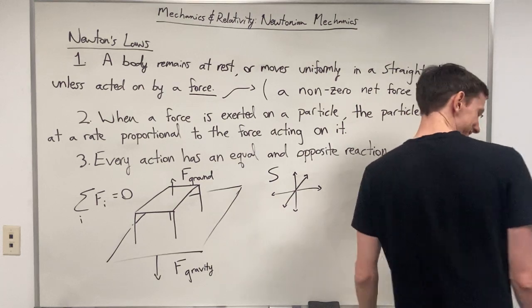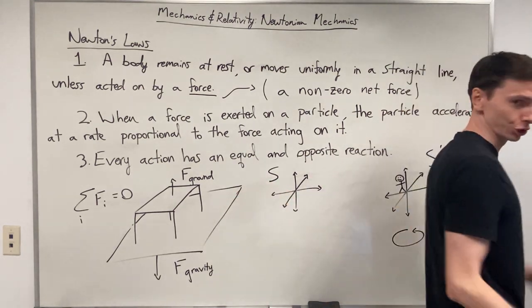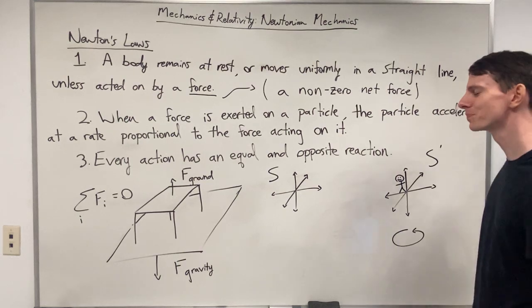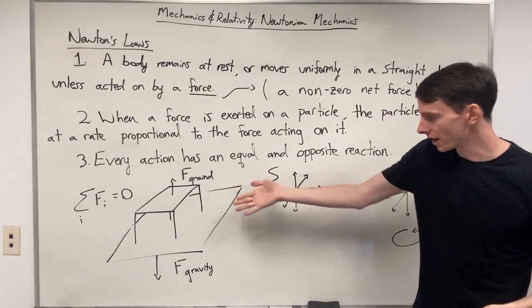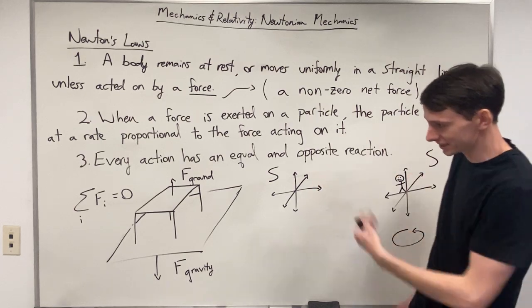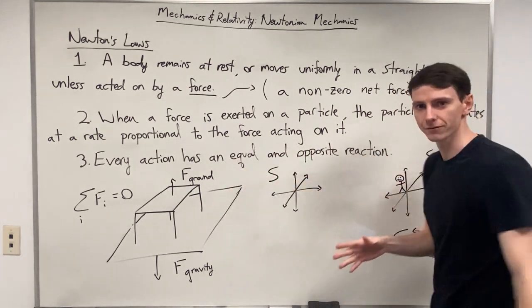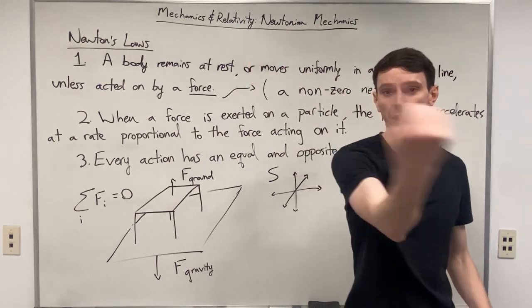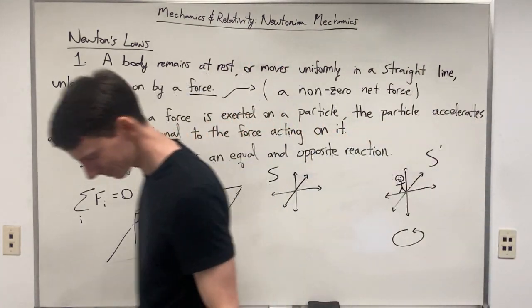Now, you might be saying, well, obviously the table's standing still and I am the one rotating. But if I'm in this frame right here, I can only look at what I see, right? And that's what I see. In one instance, the table's to my right, and then it slowly moves over to my left. It looks like the table is rotating around me if I'm in frame S prime.